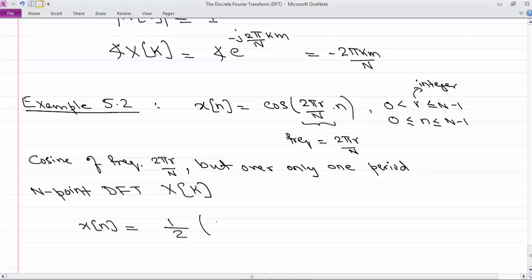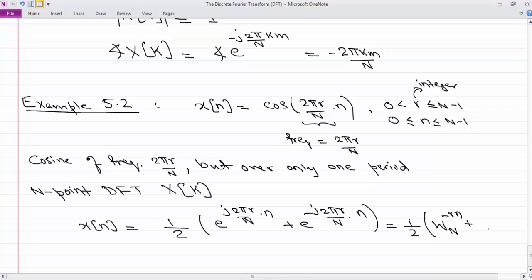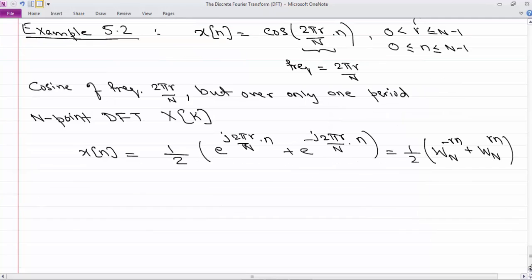So it's 1/2 e to the j 2 pi r over N times n plus e to the minus j 2 pi r over capital N times little n. I'll just use the shorthand notation: it's W_N to the minus rn plus W_N to the rn.